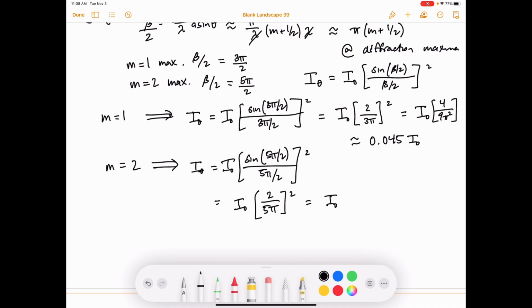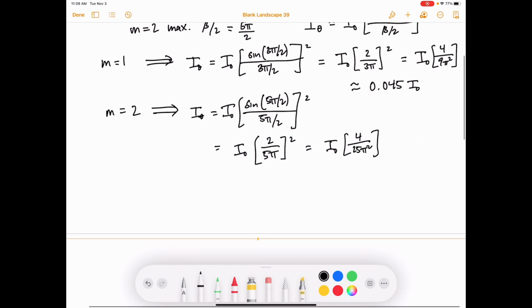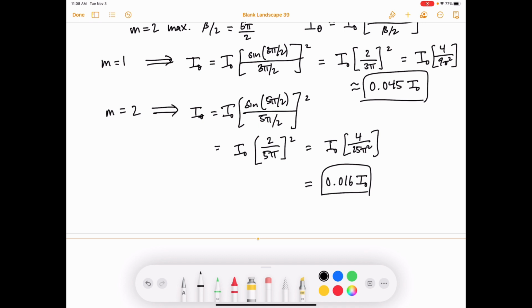So this would be I0 times 4 divided by 25 pi squared. And again, if you crunch that number, it turns out to be about 0.016 times I0. So at the first peak from the center, the intensity is only about 4.5% of what it is at the center. The second peak from the center, it's only about 1.6% of what it is at the center.